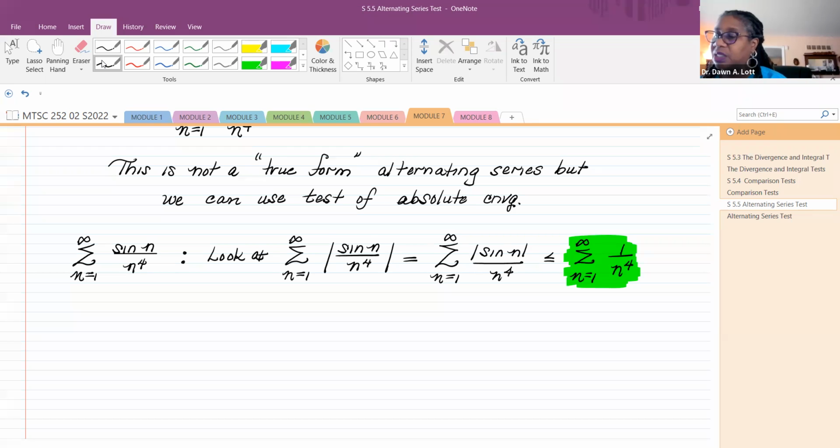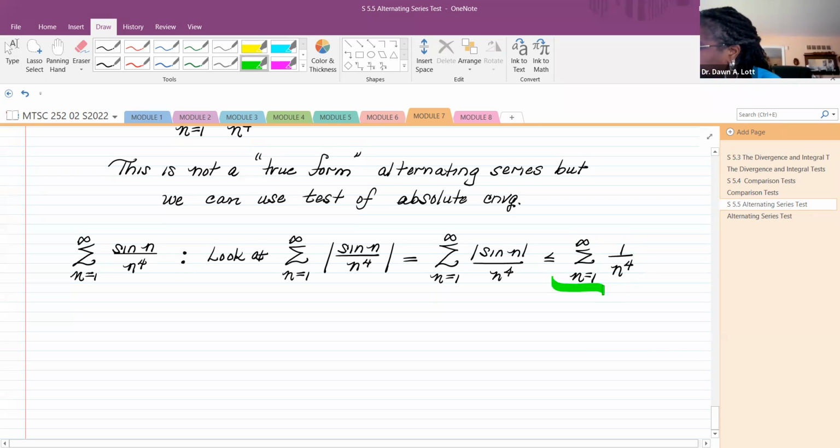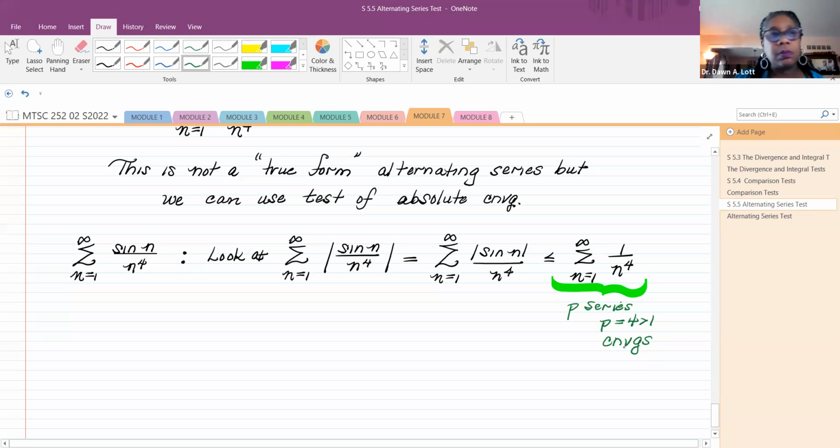Okay, so this last series is a P series. P is equal to 4, which is greater than 1, so the series converges.